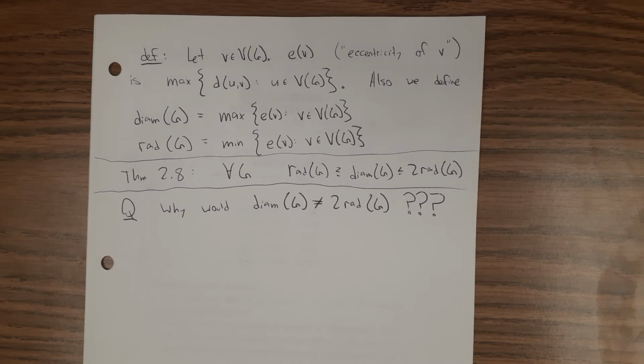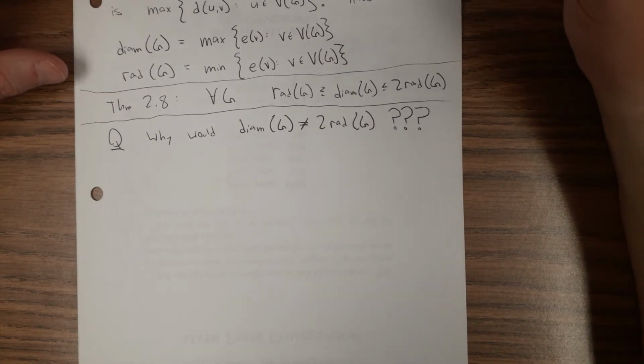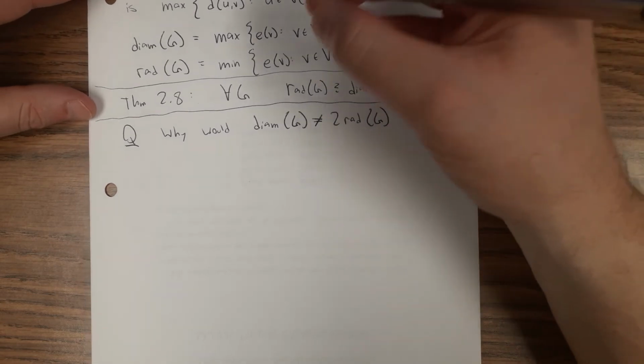In particular, if you come in with preconceived notions of diameter and radius, you might say the diameter is always going to be equal to 2 times the radius, because that's true of circles. But it's not. So why not? It's easy to come up with examples where it is.